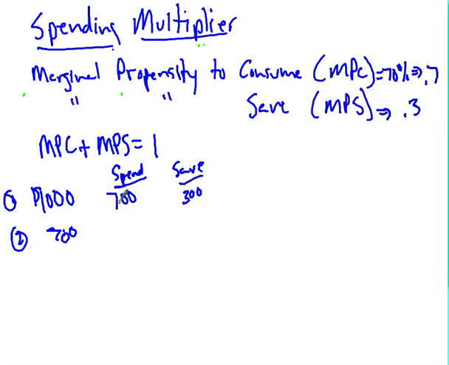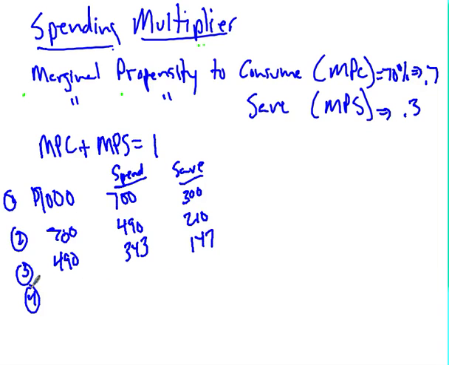Then they get the $700, and just like the numbers we just did, they'll spend 490 of it, which means they'll end up saving $210. When they spend the 490, that becomes another person's income. And 70% of that 490 is 343, and then they're saving $147.